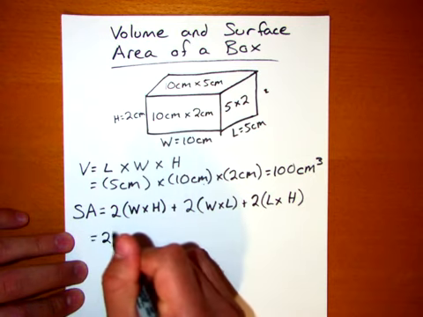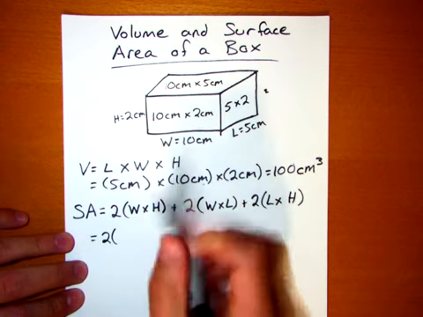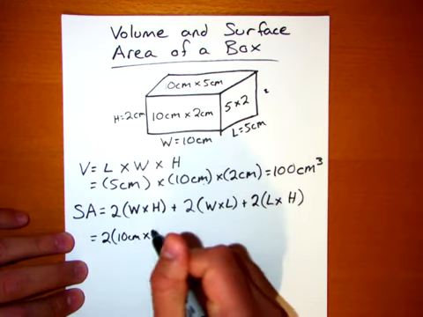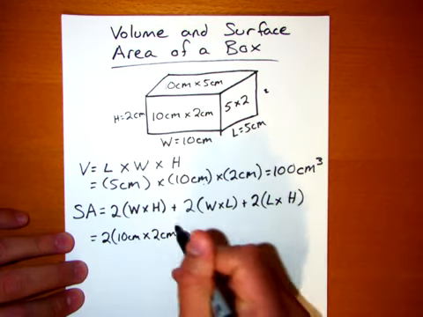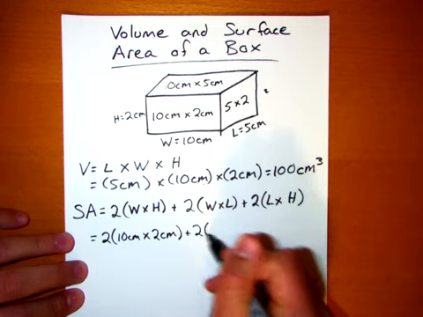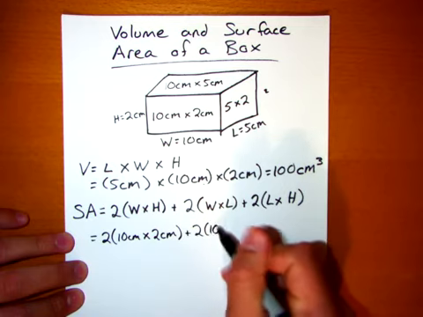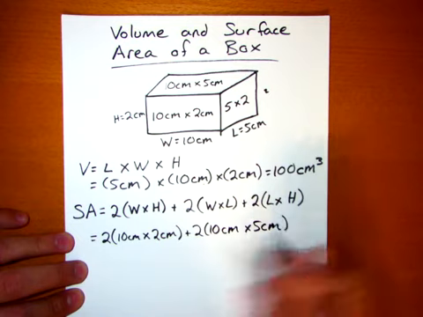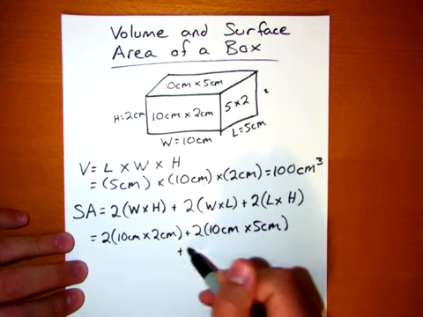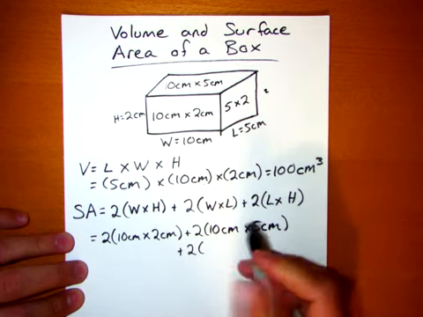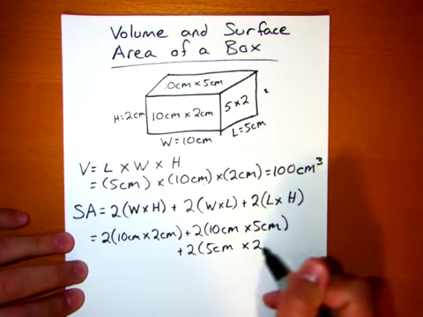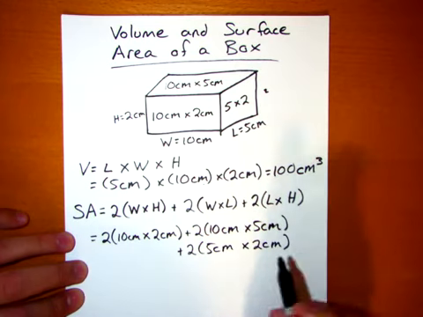And we just go ahead and plug in here. So we get 2 times, this first one was 10 centimeters times 2 centimeters, plus 2 times 10 centimeters times 5 centimeters, plus 2 times 5 centimeters times 2 centimeters.